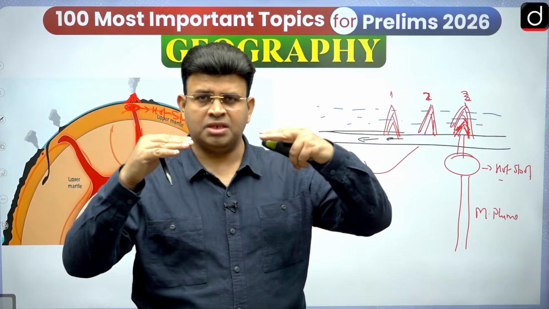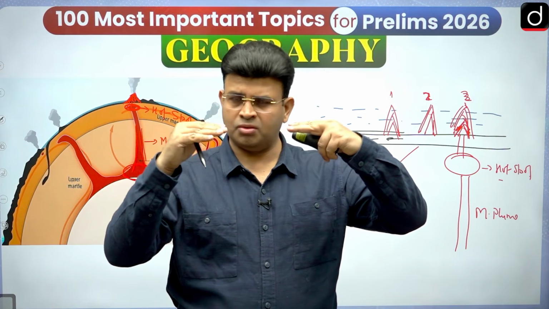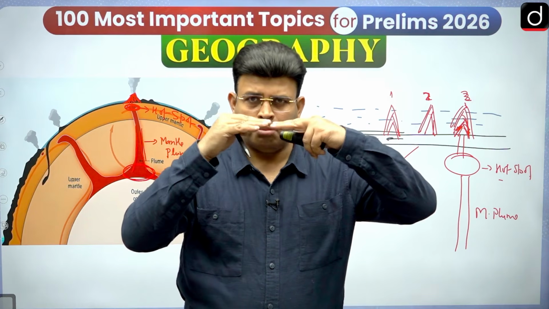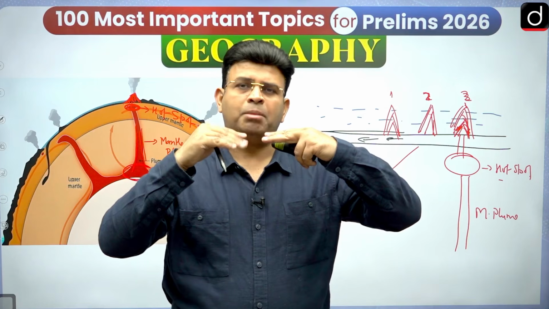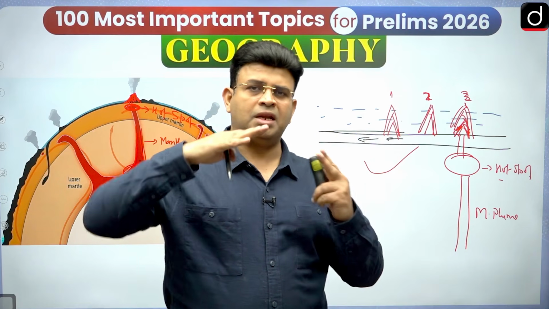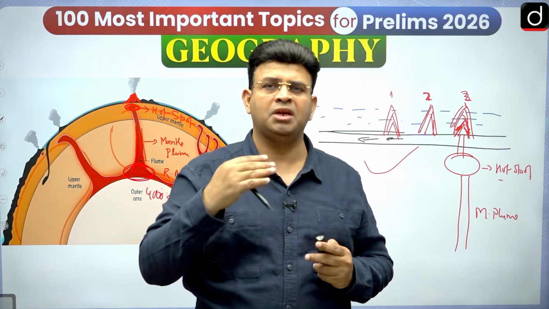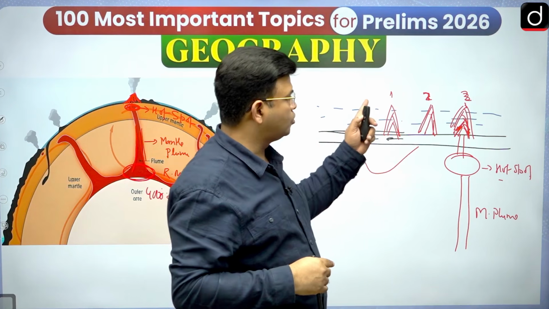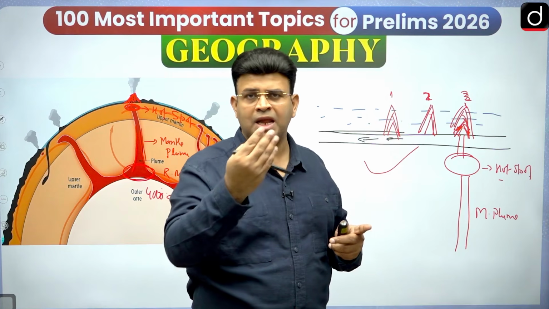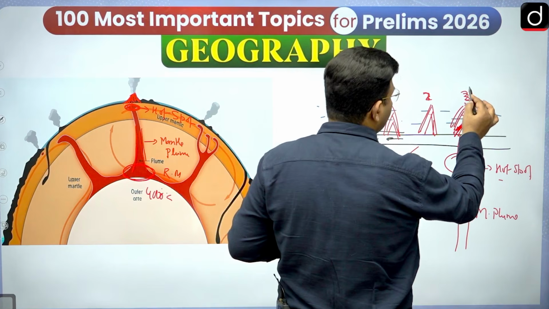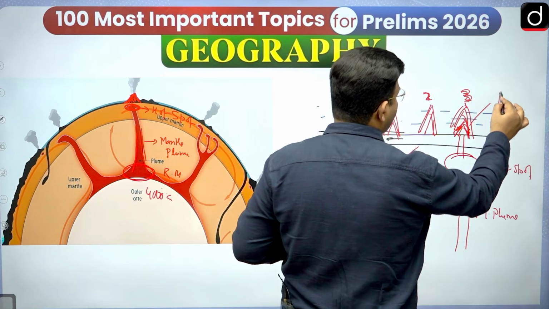There are plate margins, convergent, continental, oceanic, different boundaries where plates are meeting. But in this case, the hotspot is happening within the plate, intraplate. It is happening intraplate, and when it comes over the ocean surface, there is a volcanic island like the Hawaiian group of islands. And now this third one is an active volcano.